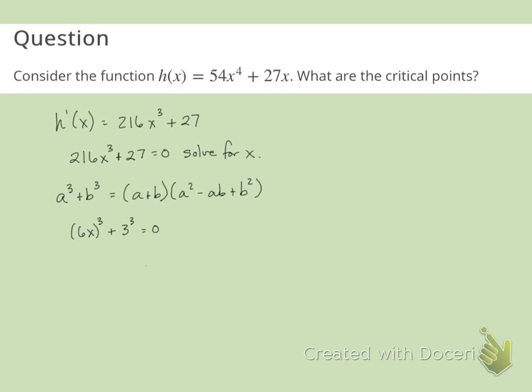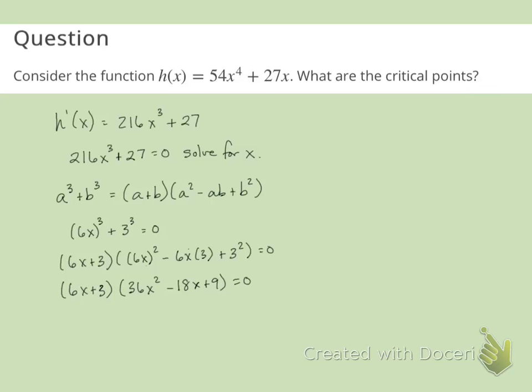And so we can factor this as 6x plus 3 times 6x squared minus 6x times 3 plus 3 squared. We're setting that equal to 0. So 6x plus 3 times 36x squared minus 18x plus 9 equal to 0.